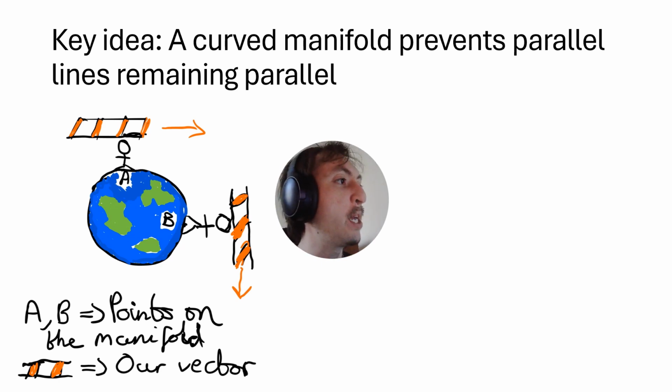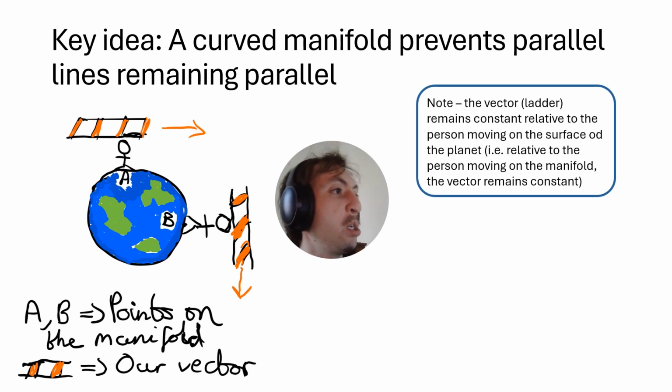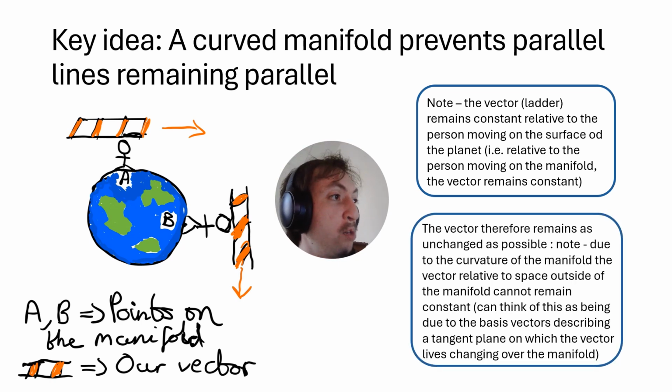However, if we're looking at this ladder, this vector, from the outside, it does seem to change direction. So the ladder remains parallel with itself, according to somebody moving on the curved manifold. However, because the manifold is curved, from our perspective, we can see that the direction of our vector, or the ladder, does seem to have changed.